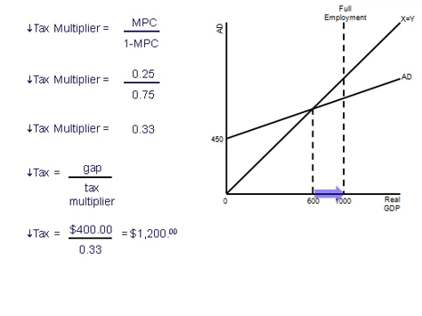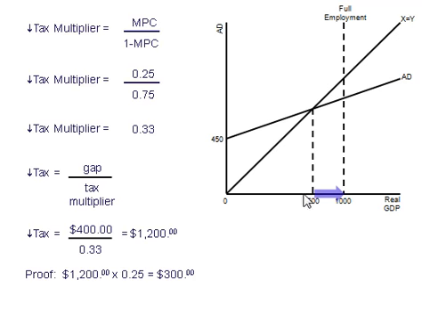And so, if we reduce our taxes by $1,200, consumers will see that $1,200 as an increase in income, but based on their marginal propensity to consume of 25%, they're only going to spend 25% of that. That gives us $300.